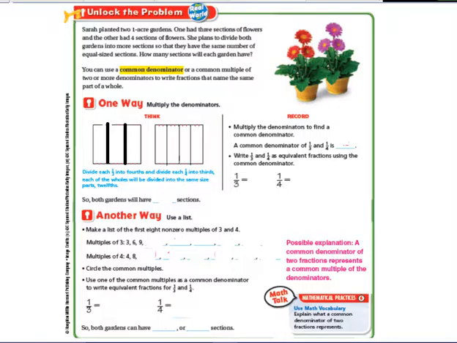So we could then know that each one of these are going to be divided into 12 equal parts. So divide yours into 12 equal parts, which means there has to be 4 parts in between each one of these.